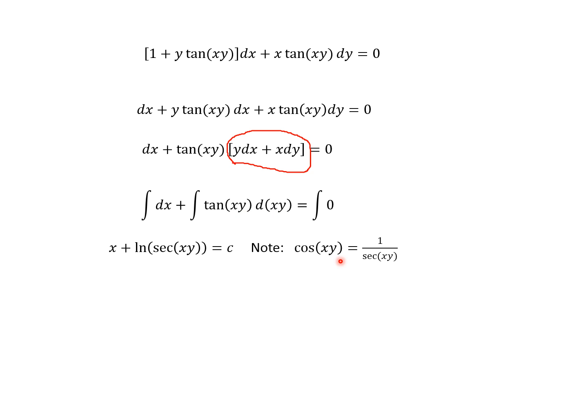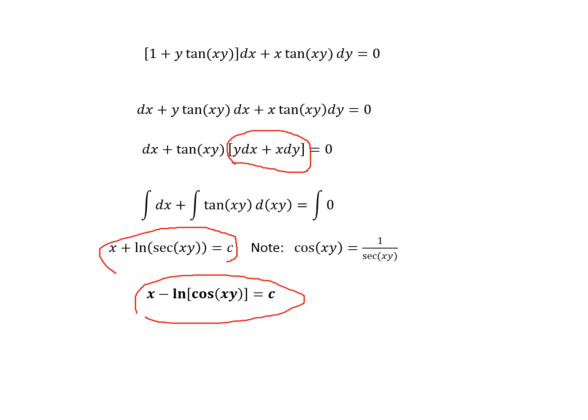Notice that cosine xy is the same as 1 over secant xy, so you can rewrite this as x minus ln of cosine xy equals c because of that property. So anyway, this is just the same as this one. They are both correct.